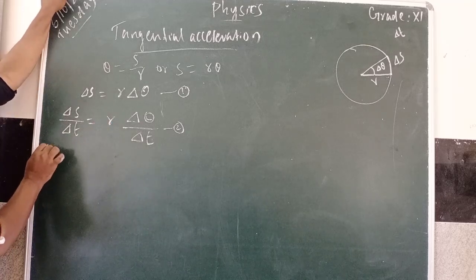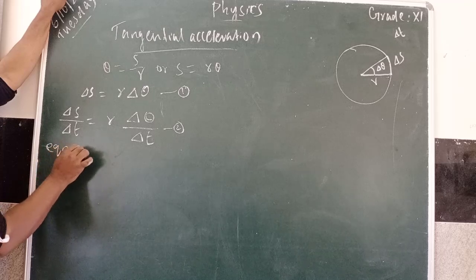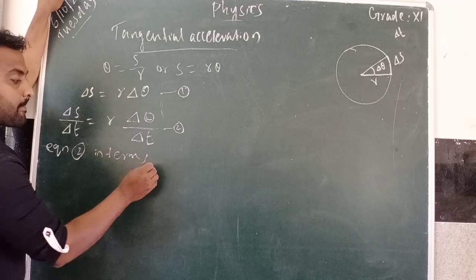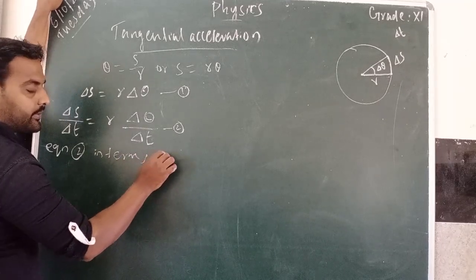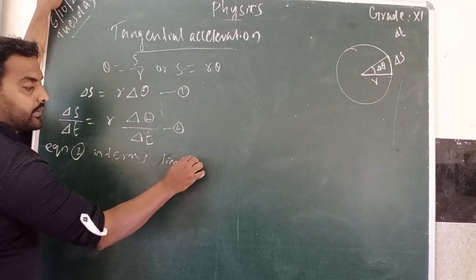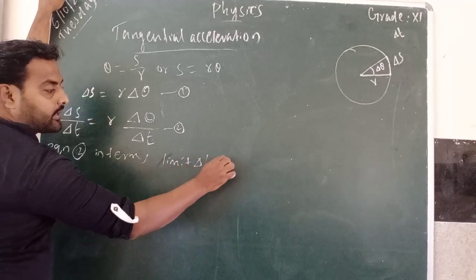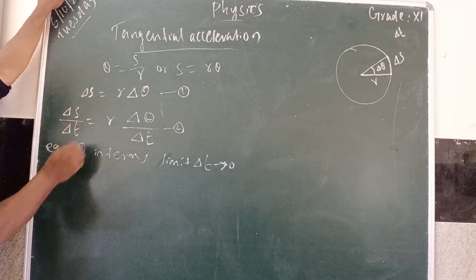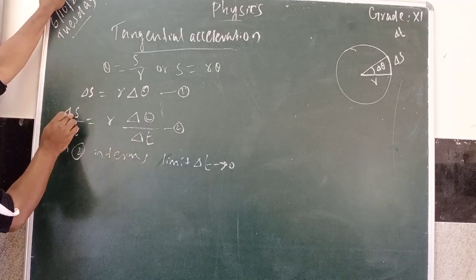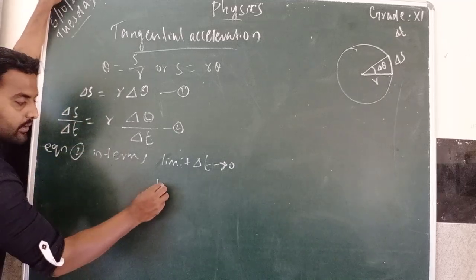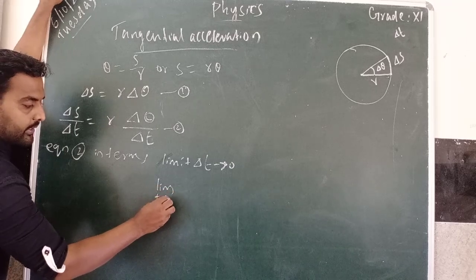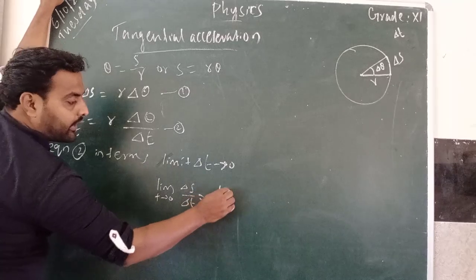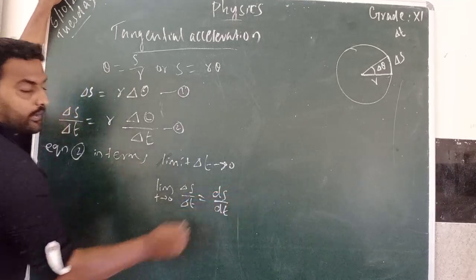Now equation 2, in terms of what you can write? Limit delta t tends to 0. You have to apply the limit for this. So what will happen when we apply the limit t tends to 0: delta s by delta t you can write as ds by dt.